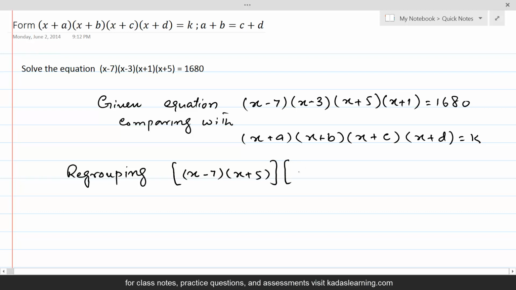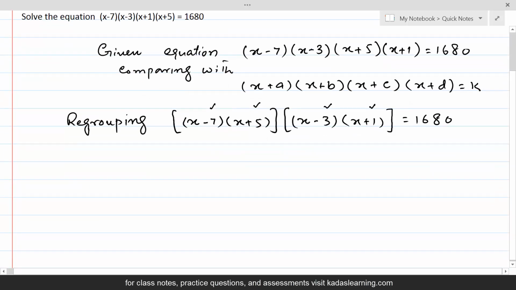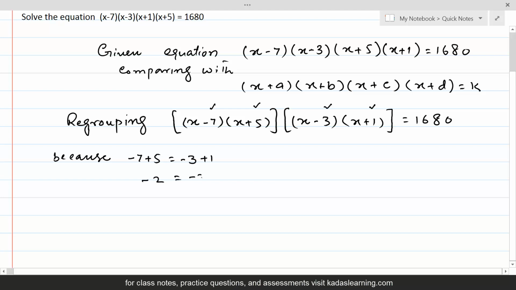The criteria for regrouping is pretty obvious: -7 + 5 is equal to -2, and -3 + 1 is also -2. This is -2 and this is -2.